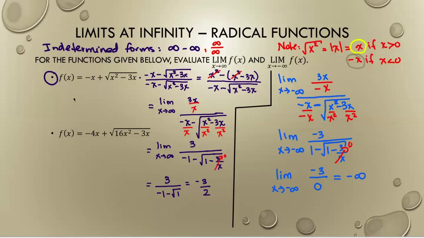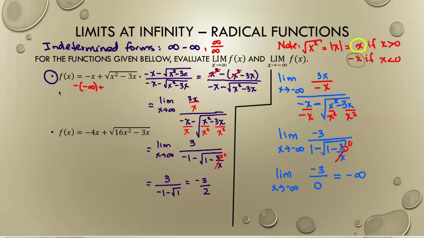Remember that we can always plug it in here and see if it makes sense. So let's see if it makes sense. So let's go back to this expression. And we are trying to find the limit as x approaches minus infinity. So this is going to be the negative, but then now we know that x goes towards minus infinity, plus the root of, we have negative infinity squared minus 3 times minus infinity.